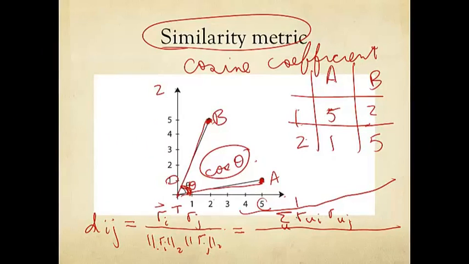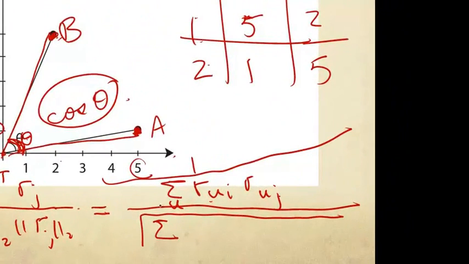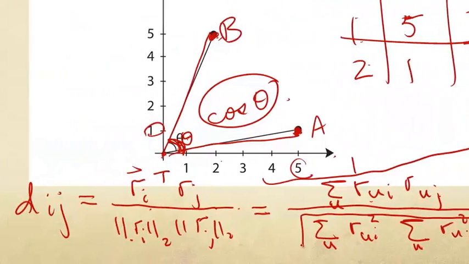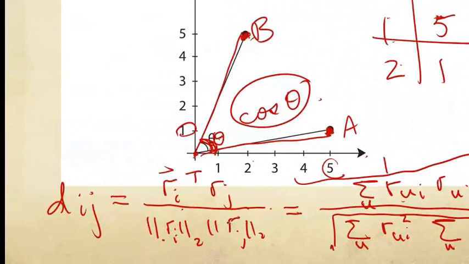That is the inner product of these two vectors, divided by the square root of, just by the definition of the L2 norm of the two vectors, Rui squared summing over all the u's, the same set of u as here in the numerator, and summing over the same set of u, Ruj squared. That's just the L2 norm of these two vectors.